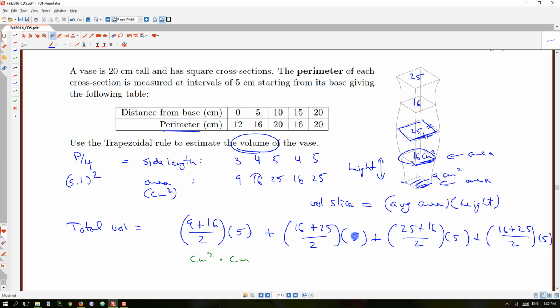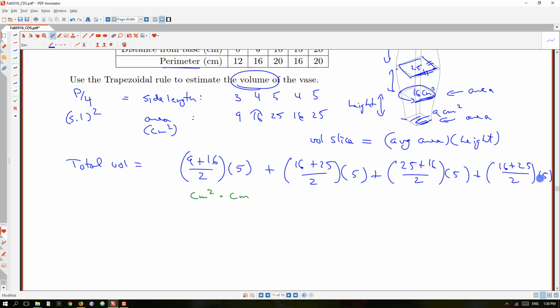And every time the height that we're multiplying by is this distance from this slice to that slice, using the average area as the other two dimensions. This slice to this slice, it's always 5 centimeters for each of these slabs.